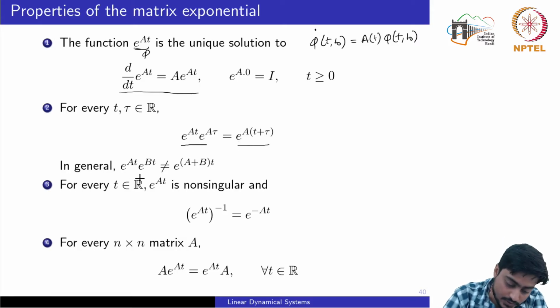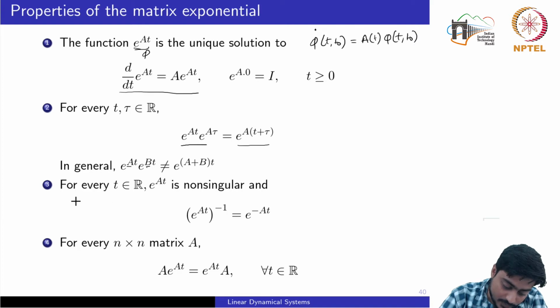Okay, we should also remember that if I am computing the multiplication of two matrix exponentials at the same time but with different matrices, this is not equal to the matrix exponential of the sum. This is equal only if A, B are scalars, right? Here we have A, B as matrices.